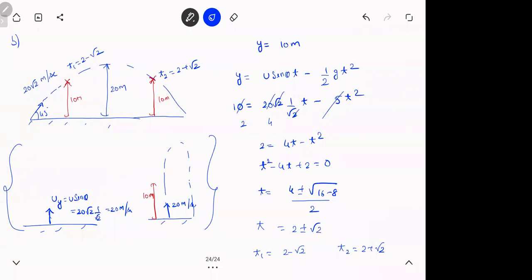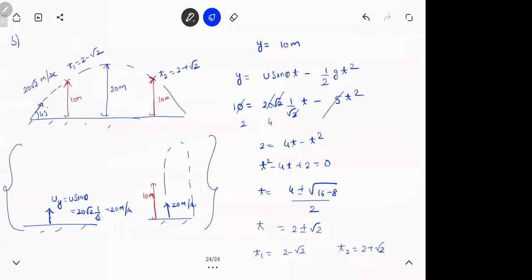Just to show you the resemblance, it is one and the same problem. Because I'm asking you when you will reach 10 meters of height, which means I don't care what is happening in the horizontal direction. The problem is as good as assuming someone threw it up with 20 meters per second and they're asking you for half of the H max. But still, the simple thing is the y coordinate is given, and I know the coordinates formula: x is u cos theta t and y is u sin theta t minus half gt square.